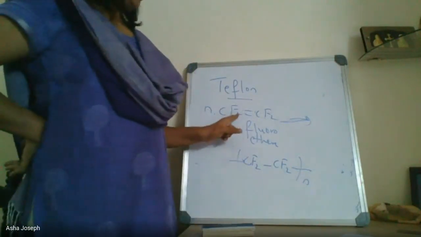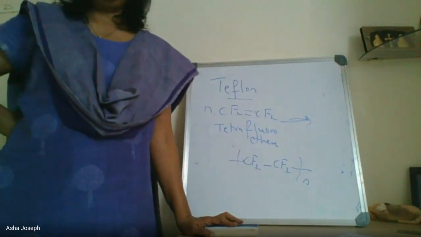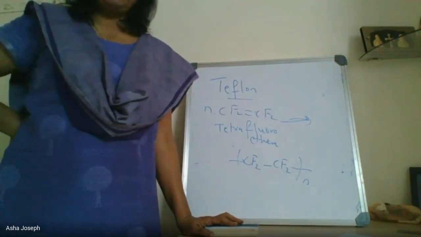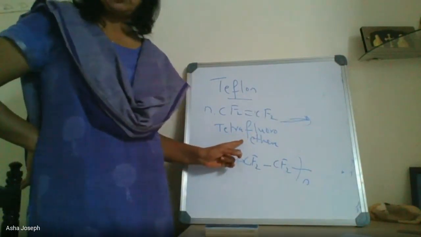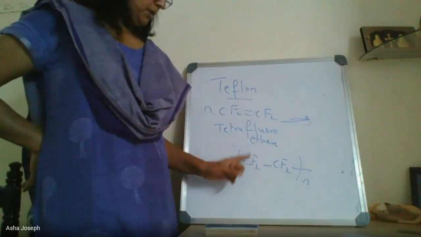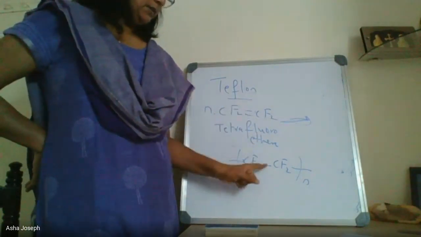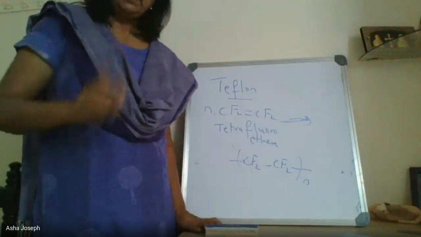The monomer, if you don't remember, is ethene with all 4 hydrogen atoms replaced by fluorine. So tetrafluoroethene is the monomer. And how to write the polymer? You will remove the double bond, put a single bond, and n times. Any doubt on this?